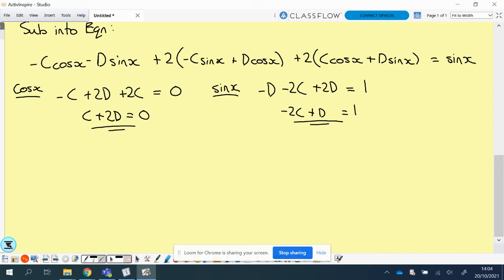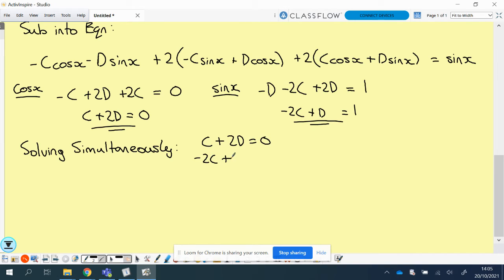Okay, so solving simultaneously: c plus 2d equals 0, and negative 2c plus d equals 1.